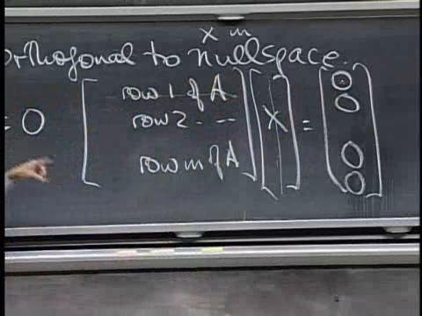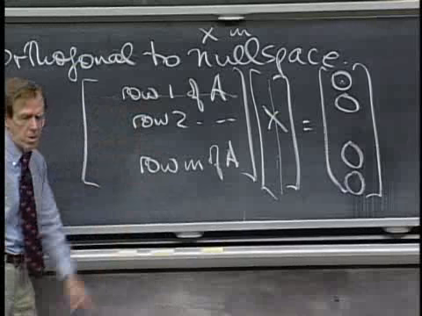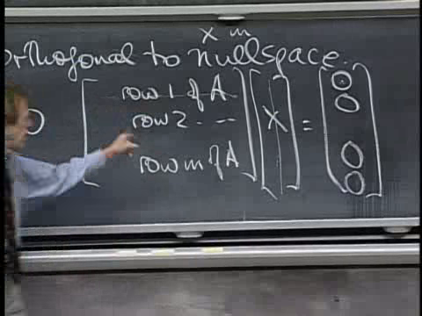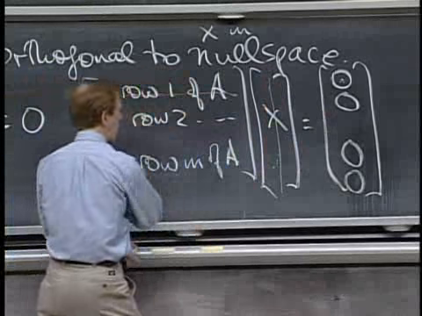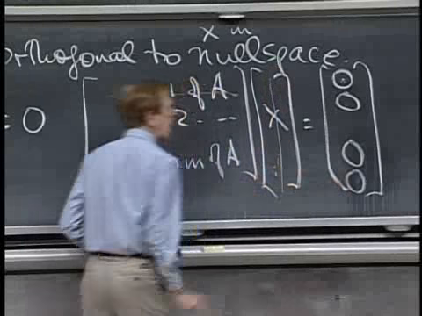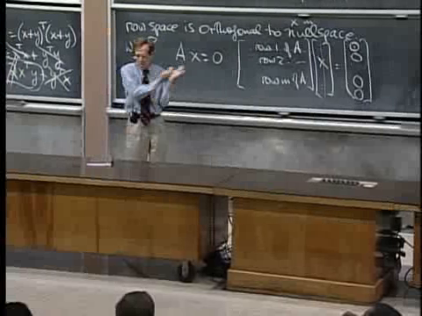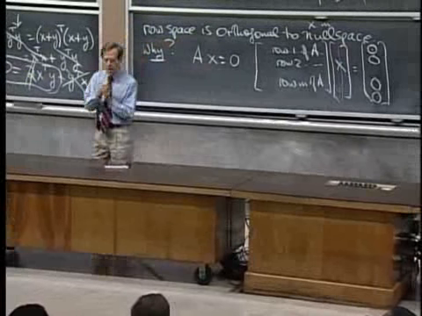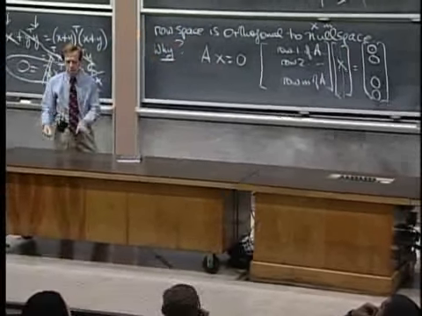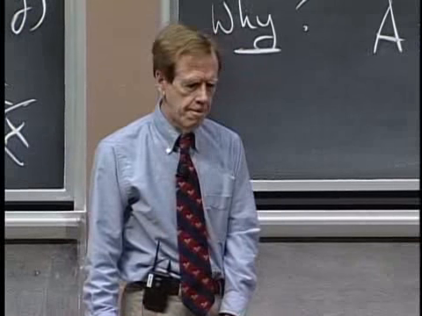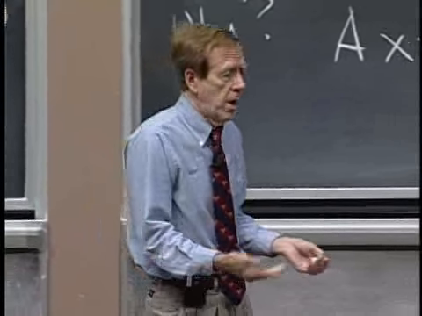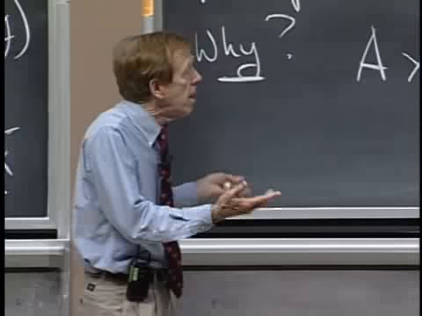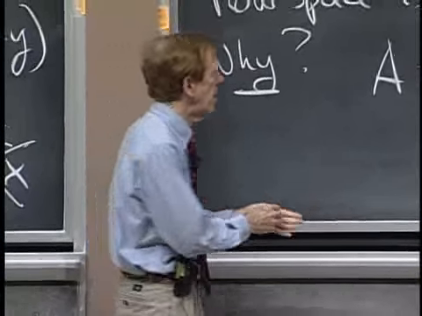So x is orthogonal to the first row and to the second row. Row 2 of A, x is giving that 0. Row m of A times x is giving that 0. So the equation is telling me that x is orthogonal to all the rows. Right? It's just sitting there. That's all it had to be, because we didn't know anything more about the null space than this.